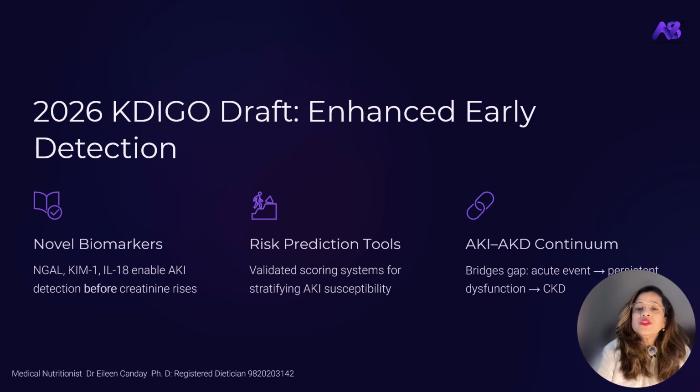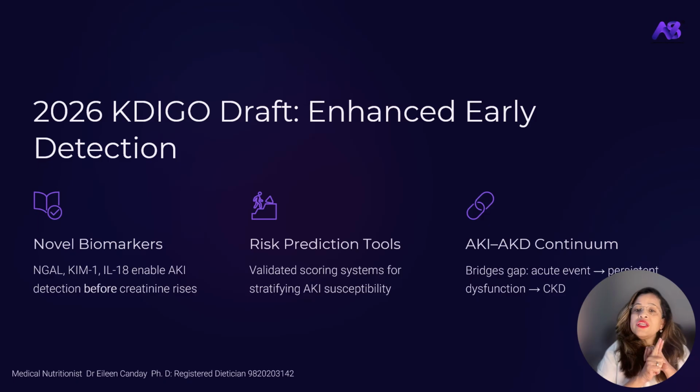Risk prediction tools, that is validated scoring systems, are now available to identify which patients are at highest risk for developing AKI, allowing for more targeted monitoring and prevention. So when we talk about this continuum, that is AKI to AKD, this framework connects the 3 stages. Which are the 3 stages?